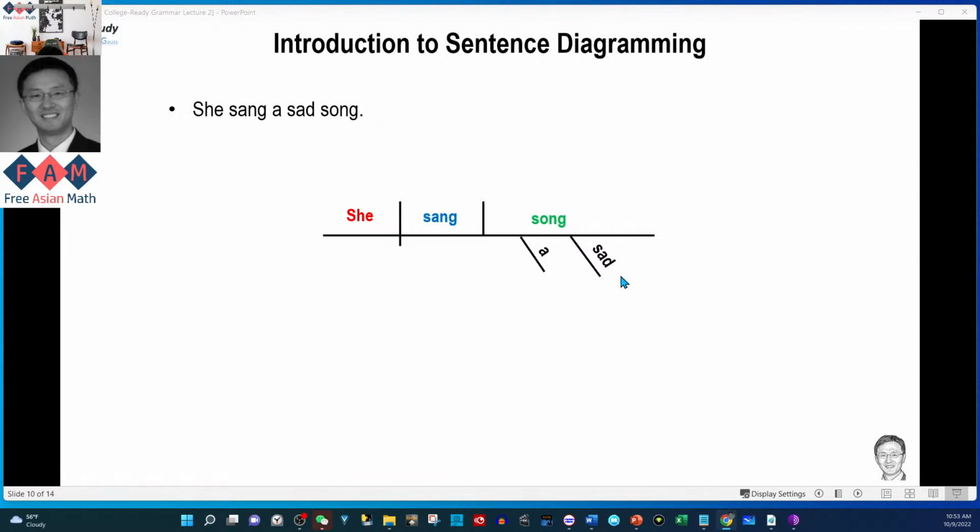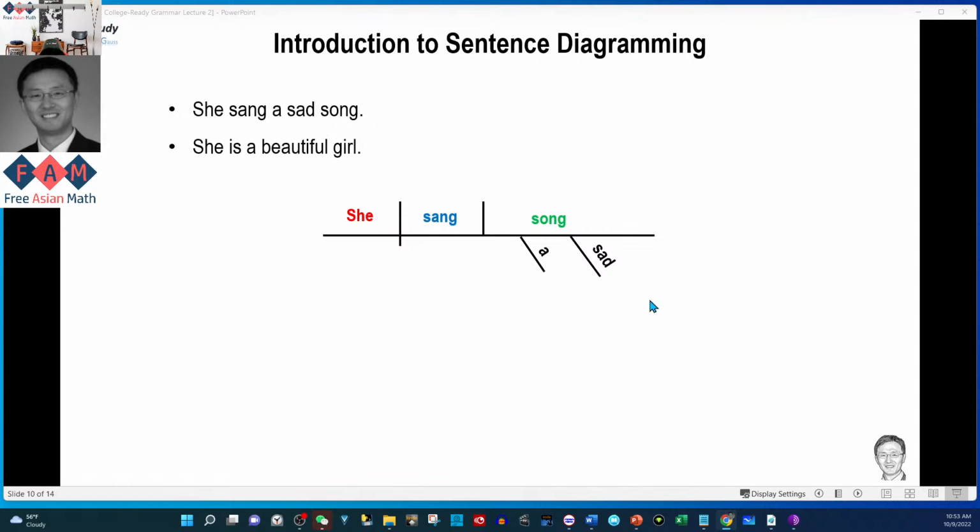But logically, they are just both attached to song in this way, okay? So this is a very, very simple sentence. Simple, not in the simple sentence sense. We are not using that. We really mean it's just simple. Okay, so that's how we diagram this simple sentence, okay?